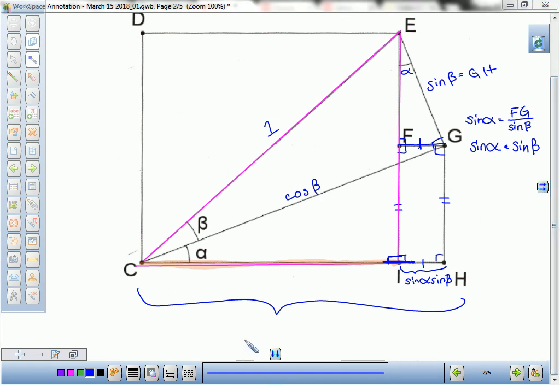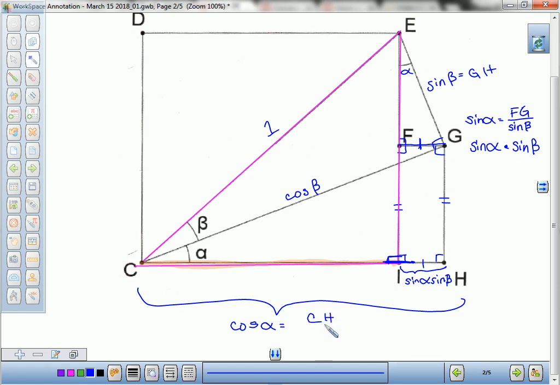Let's move forward. All right. So, let's see if we can deal with cosine of alpha right here for a second. If I did cosine of alpha, what is it? Cosine of alpha would be the adjacent, right?